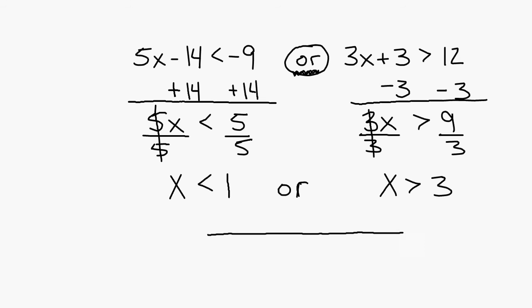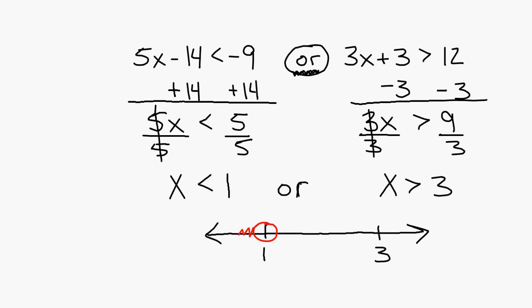You're just going to graph both sets of solutions on the same number line. So you've got a positive 1 on the number line, and you've got a positive 3 on the number line. So you're graphing x is less than 1, so it's an open circle on the 1.